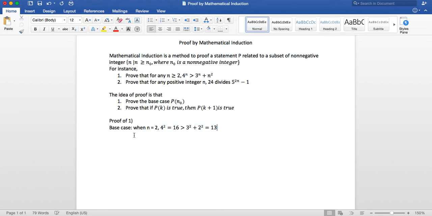So, base case, when n equals 2, the starting point, it is true, right? Because 16 is greater than 13.